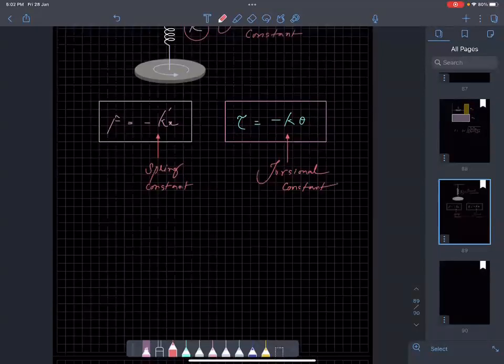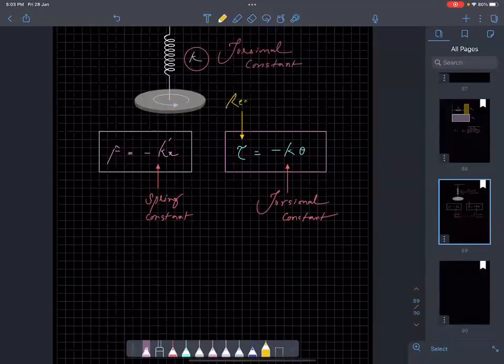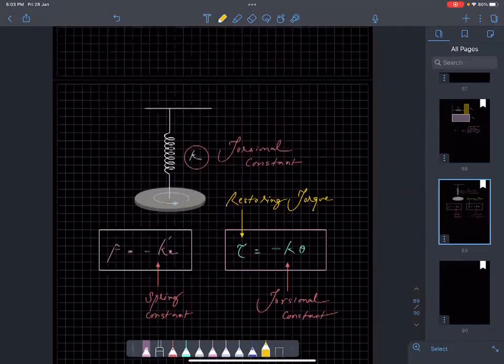This is restoring torque, like restoring force we have restoring torque. This is restoring force, which we know already.